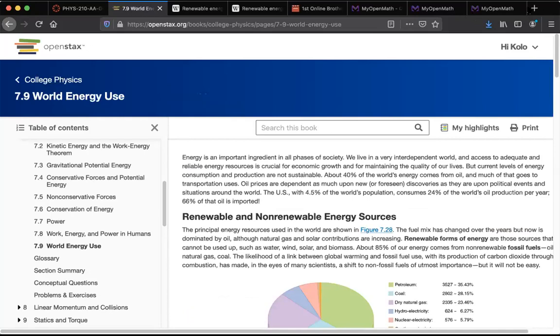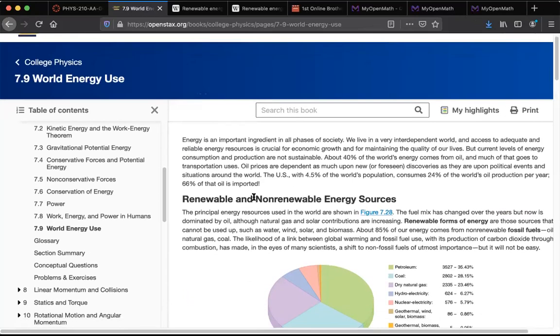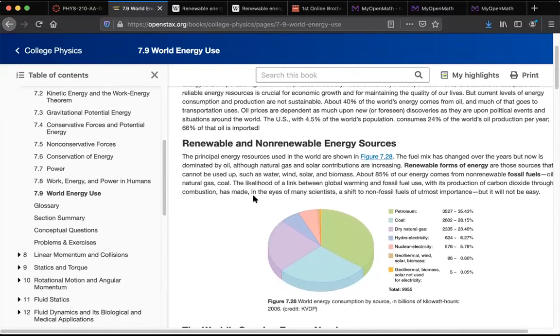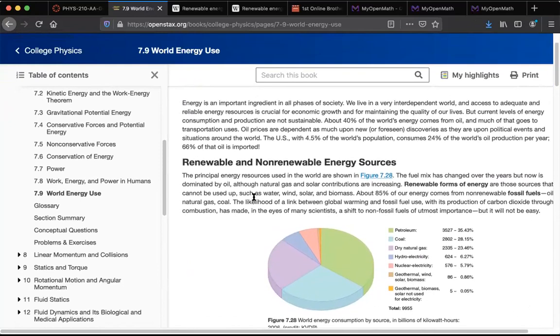So what's happening here is that they're talking about how energy is used in the world. Okay, and so they give a pretty good general overview of things, but the information they have here is kind of out of date.